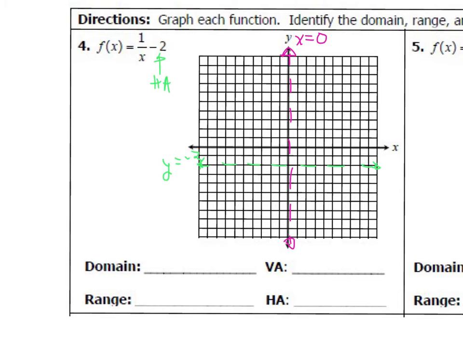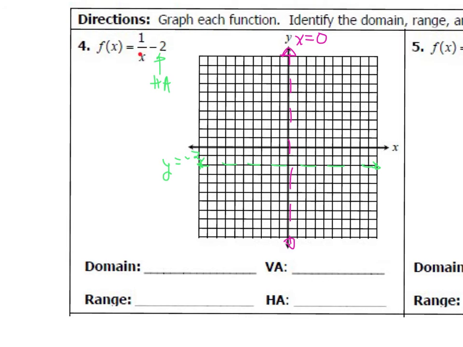Now because my a is +1, I don't have a vertical stretch or shrink, which I wouldn't worry about anyway, but most importantly it's positive. That means my branches are still in the upper right corner and the lower left corner. If you don't believe me, put +1 into the function.